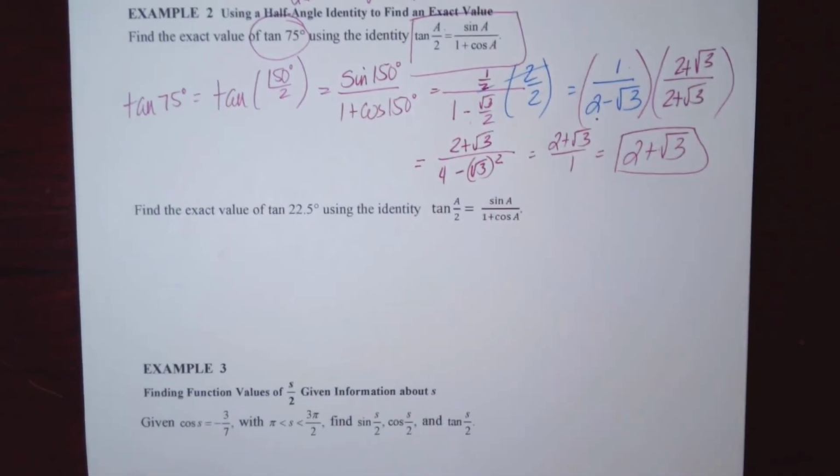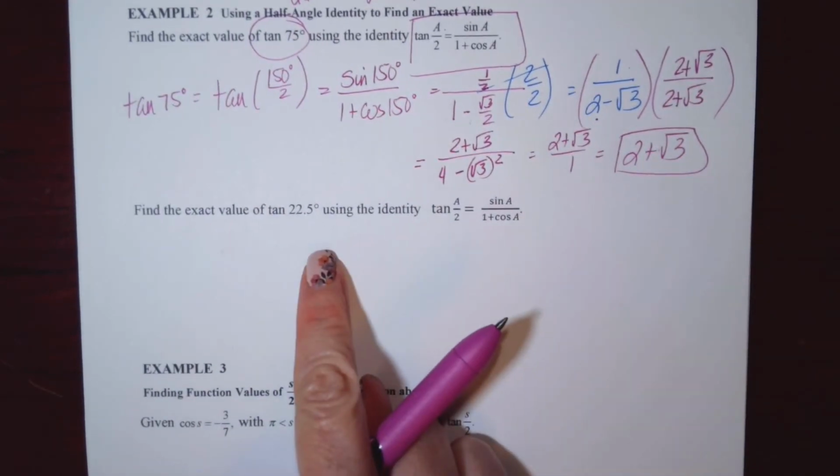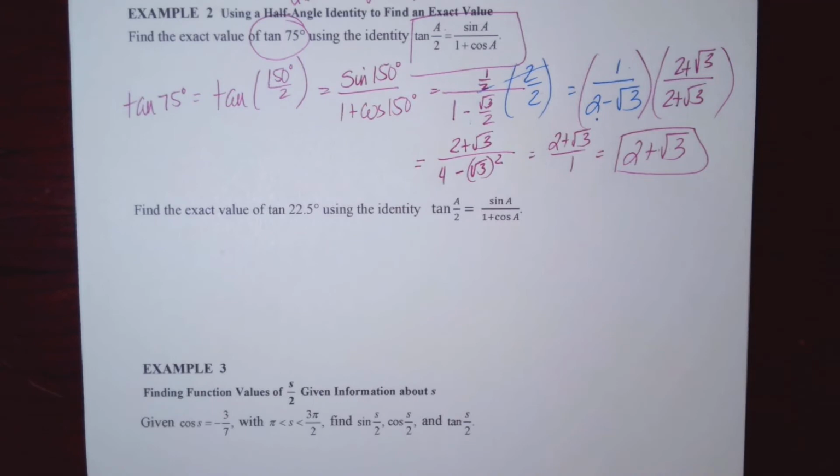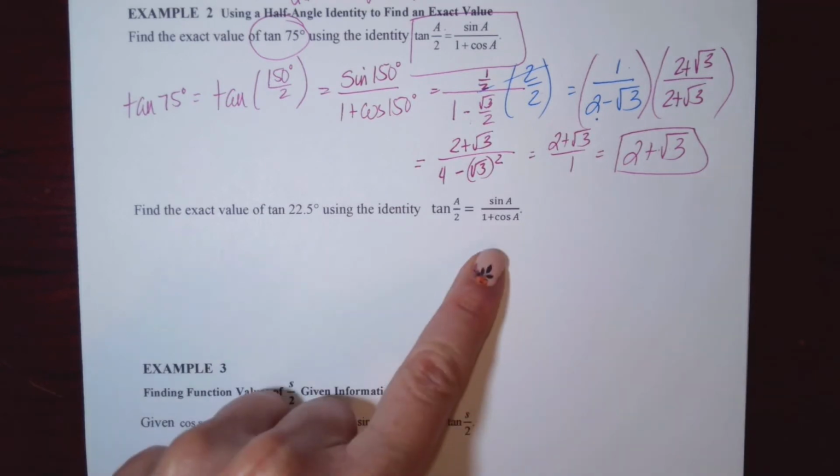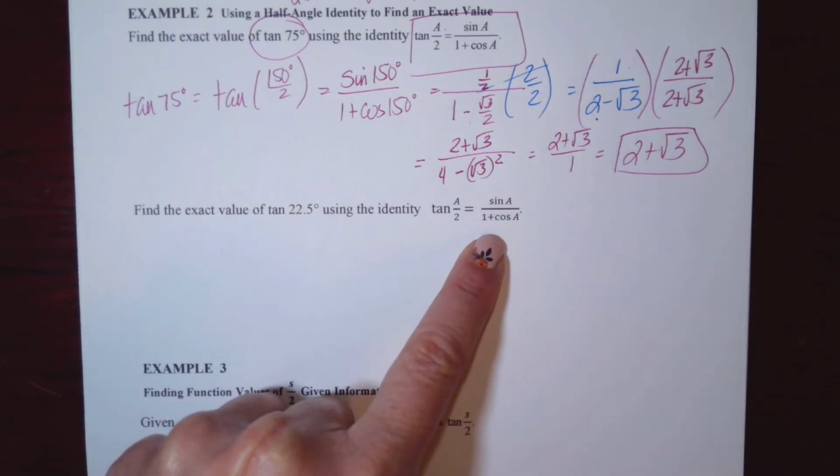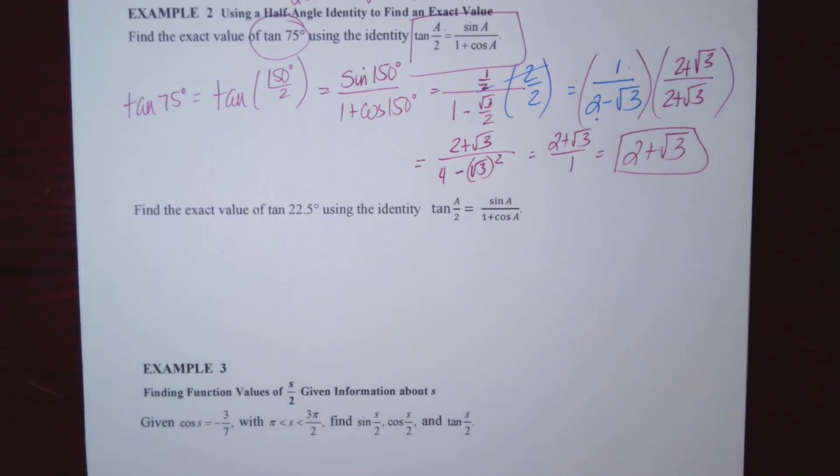Okay, here we go again. I want you to pause the video, practice this on your own, see what you can do. Notice that we've been instructed to use that same identity again for half angle tangent.